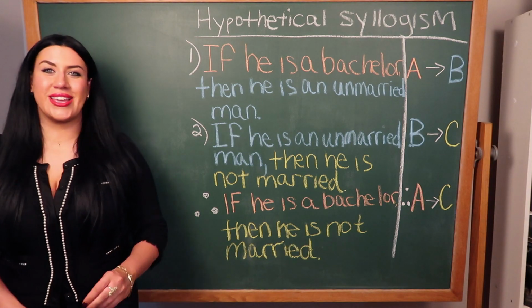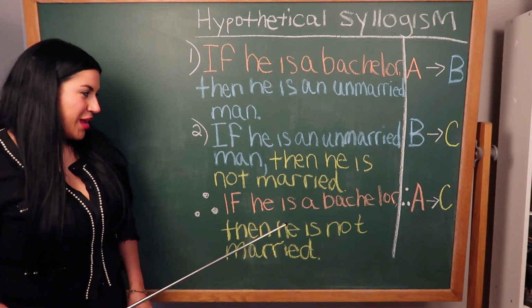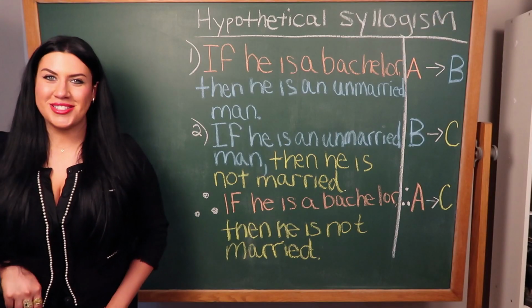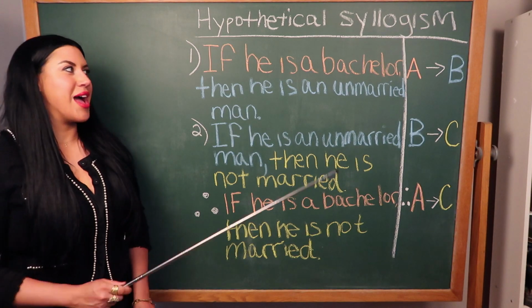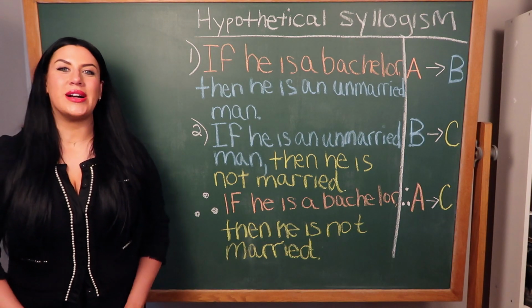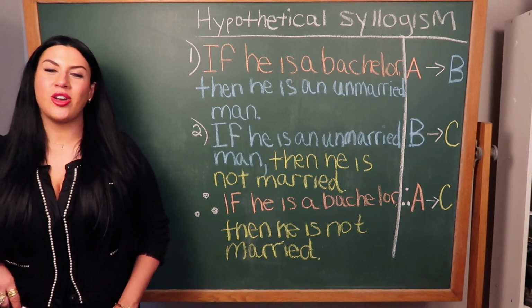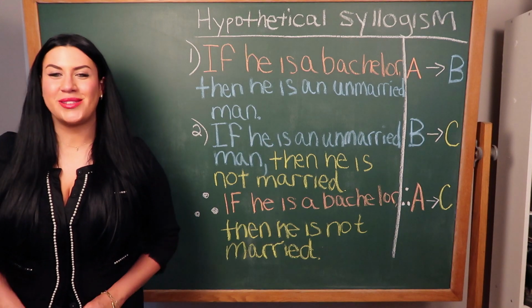This conclusion is guaranteed to be true and to follow: if he's a bachelor, then he is not married. This is an example of an argument in the hypothetical syllogism form that is not only valid, but sound. It's sound because both of the premises are true. This conclusion is guaranteed to be true.